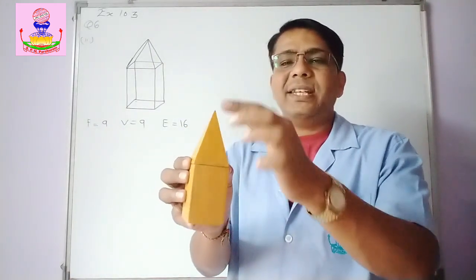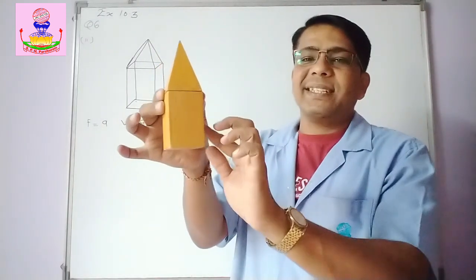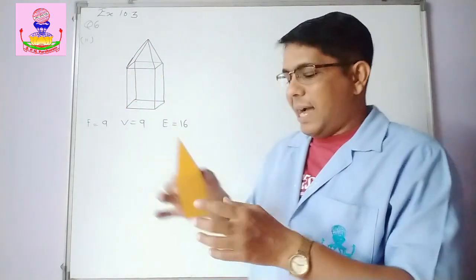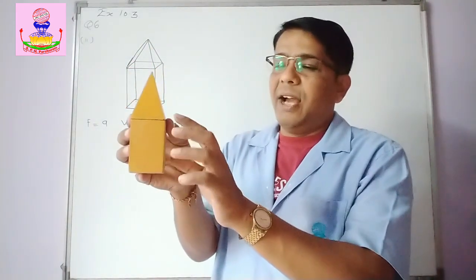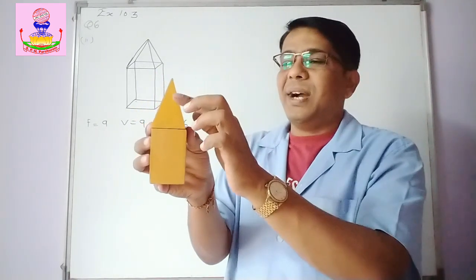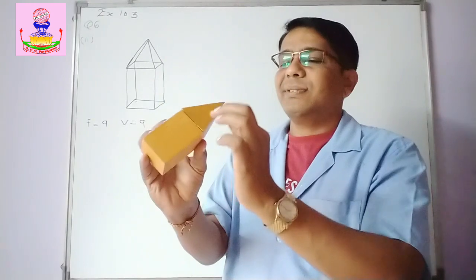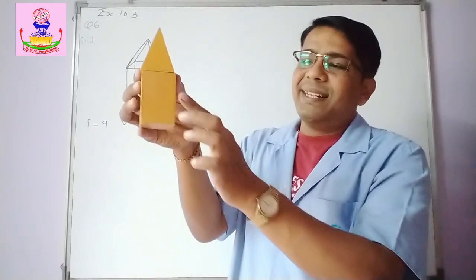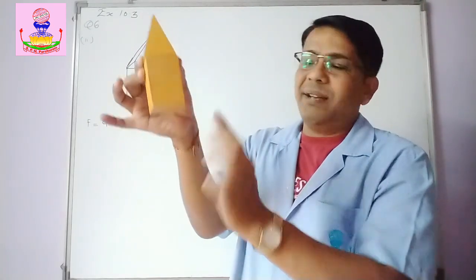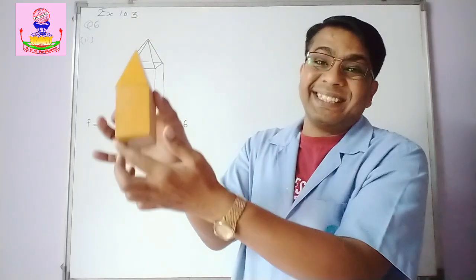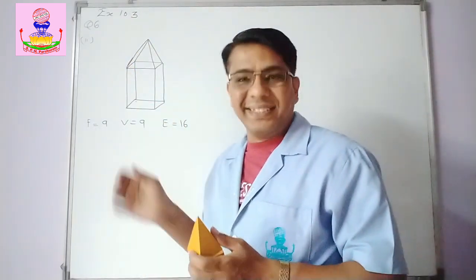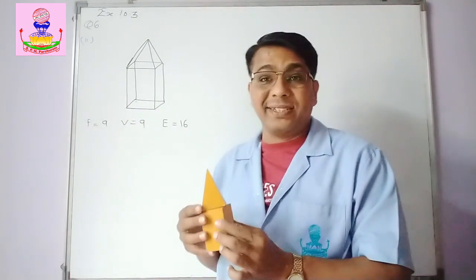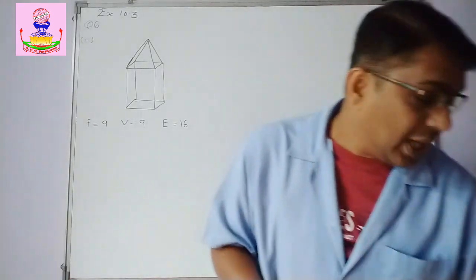How many edges? 1, 2, 3, 4, 5, 6, 7, 8, 9, 10, 11, 12. And see here, I have forgotten this. We will count it again. 1, 2, 3, 4, 5, 6, 7, 8, 9, 10, 11, 12, 13, 14, 15, 16. How many edges? 16 edges. You can see I have joined this and I have prepared this. So various shapes, combinations are possible.